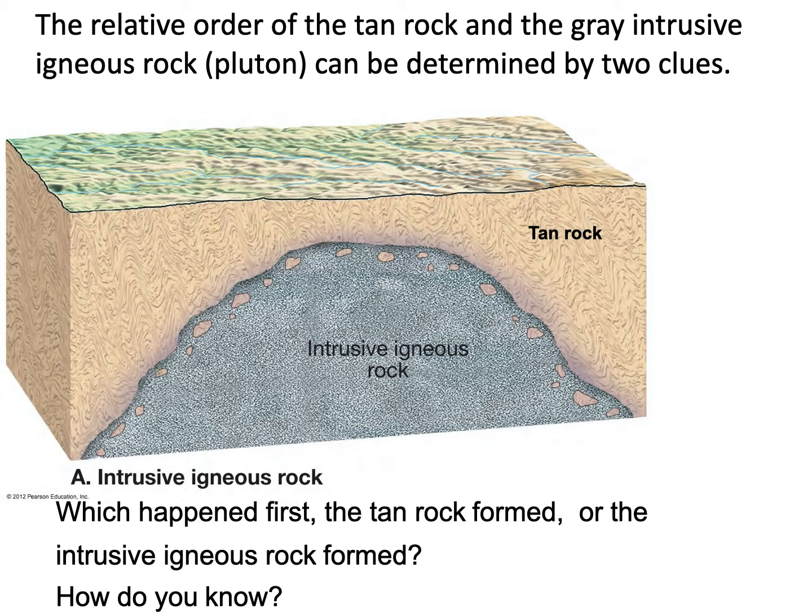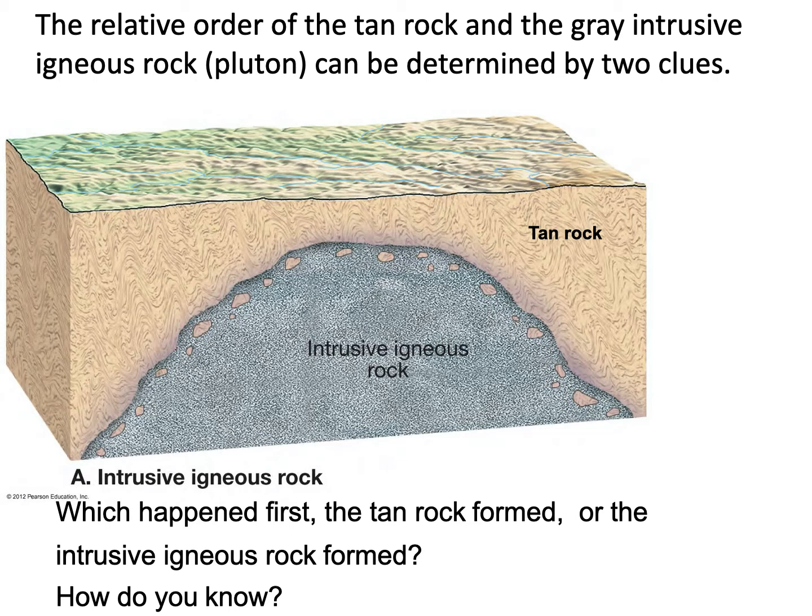So this is an image from a different textbook, and we've got a tan rock that's got kind of a wavy pattern to it in this key, and there's an intrusive igneous rock that's sort of a gray or black speckled color. And this is a pluton, if you're curious about what this would be called.